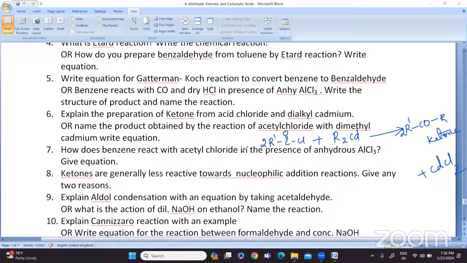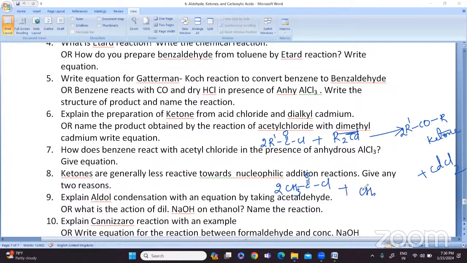Name the product which is obtained by the reaction of acetyl chloride and dimethyl cadmium. So what have they taken now? They have taken acetyl chloride, so R can be your CH3, C double bond O, Cl. So I have taken 2 moles of acetyl chloride, which reacts with dimethyl cadmium.